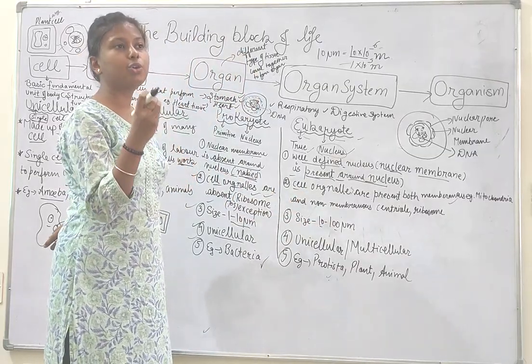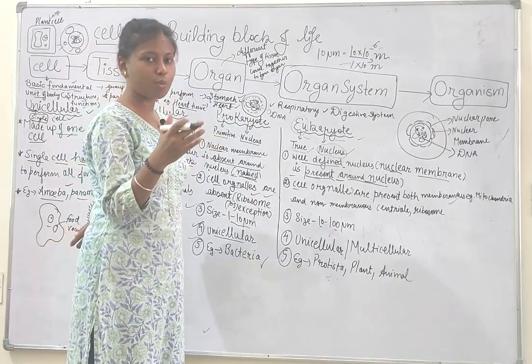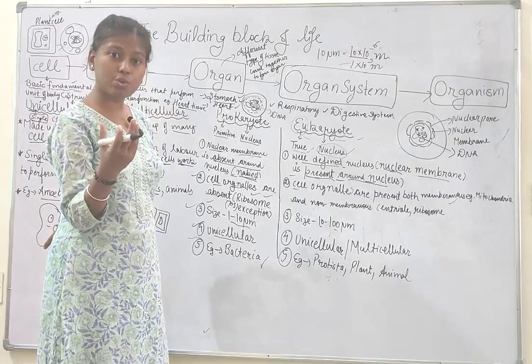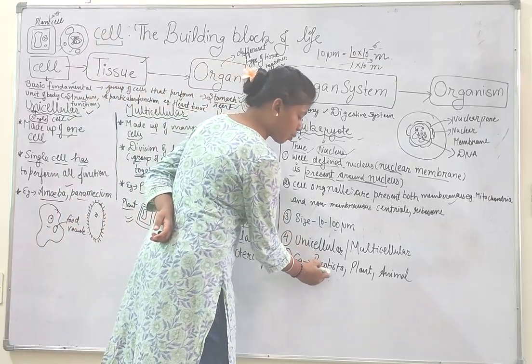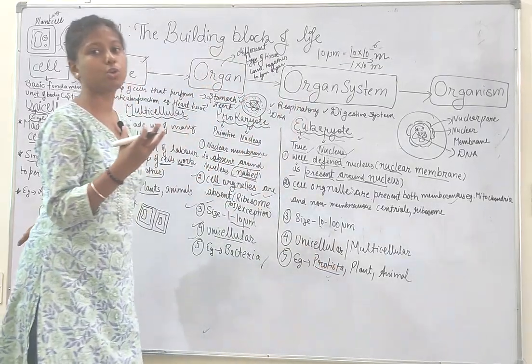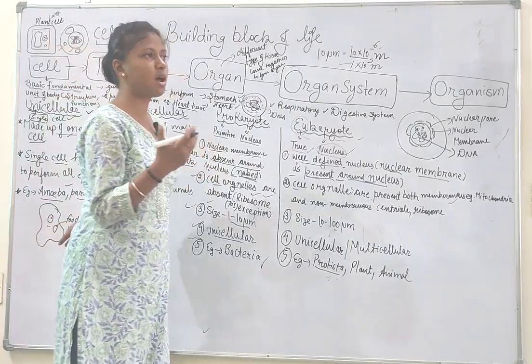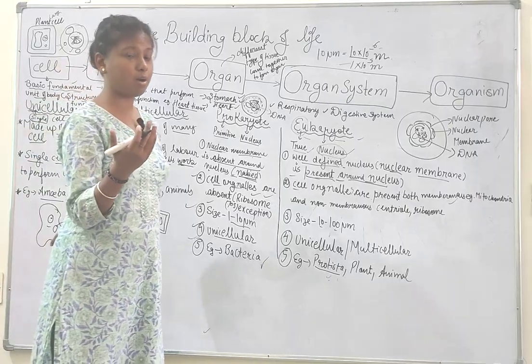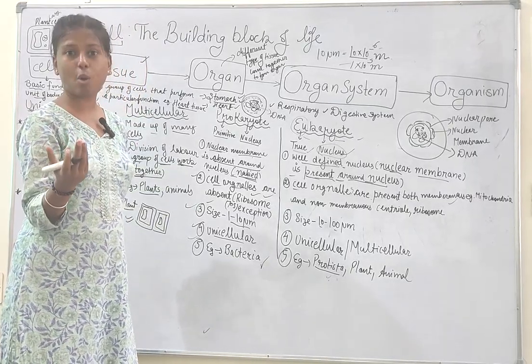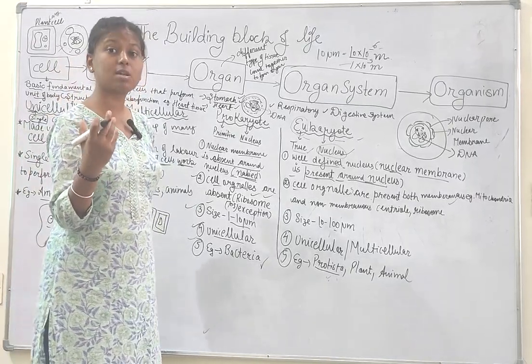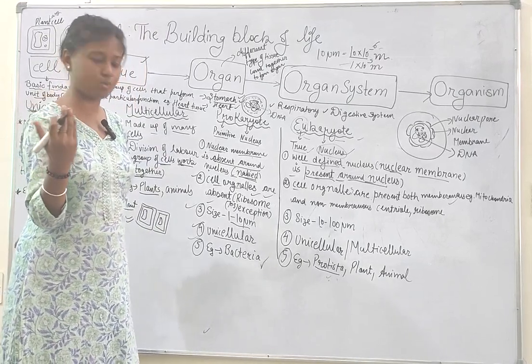And eukaryotic cells can be unicellular or multicellular. Unicellular eukaryotes are such as Protista. Protista examples are amoeba, paramecium, euglenoids. So these are Protista, unicellular eukaryotes.